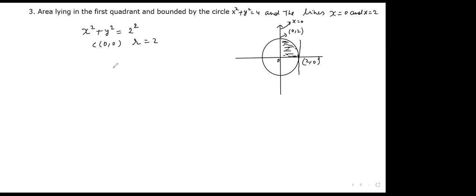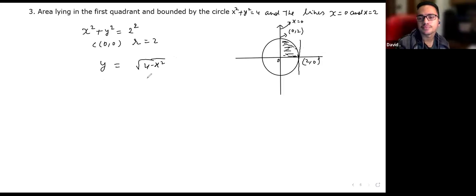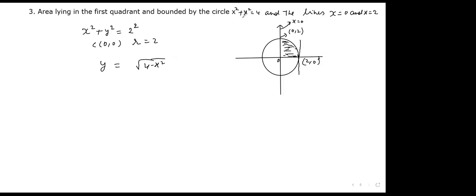So that will be taken as y dx. So we will find y equals to root over 4 minus x square. From here, y square equals to 4 minus x square, so y equals to root over 4 minus x square.